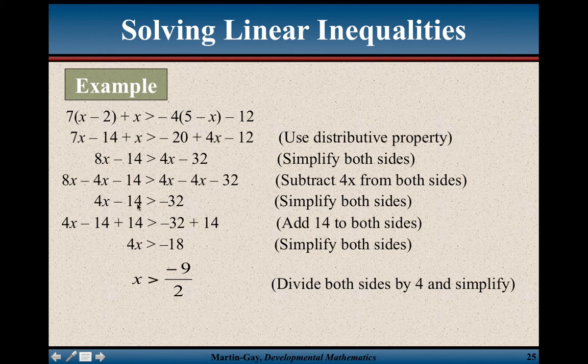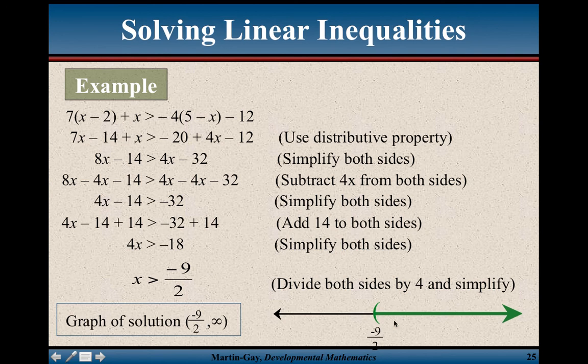Get the reciprocal, the opposite sign for negative 14. That's positive 14. Okay, nakakasunod. So, cancel this one. Negative 32 plus 14 is negative 18. Then, divide both sides by 4. That's equal to negative 9 over 2, or x is greater than negative 9 over 2.